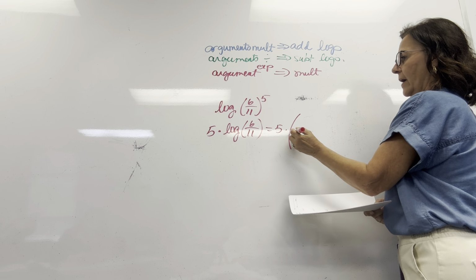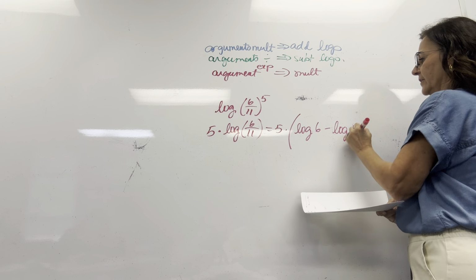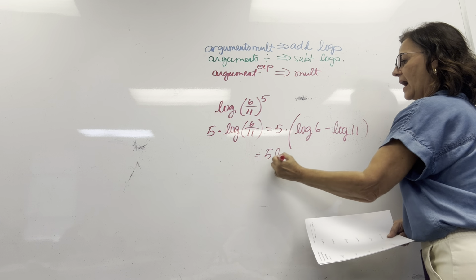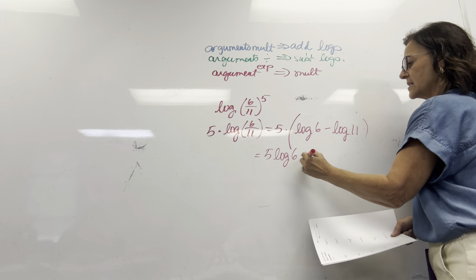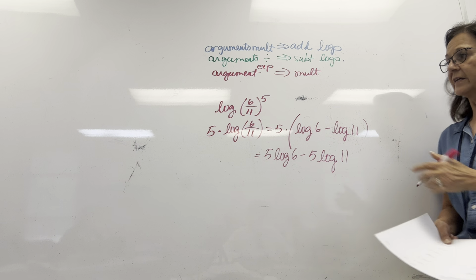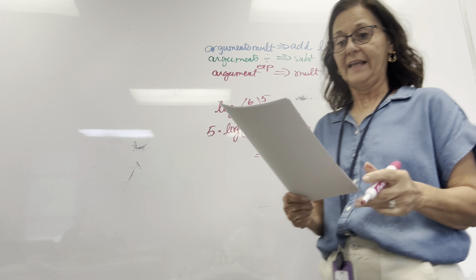You could write this either way. The log of 6 minus the log of 11. Or you could have written this as 5 log of 6 minus 5 log of 11. Because it's 5 times that whole term. You just distributed it, yes.